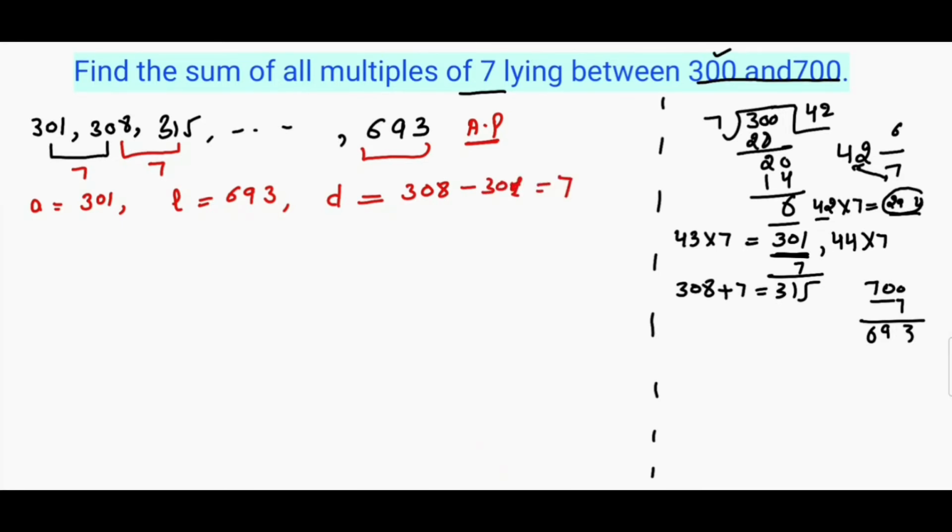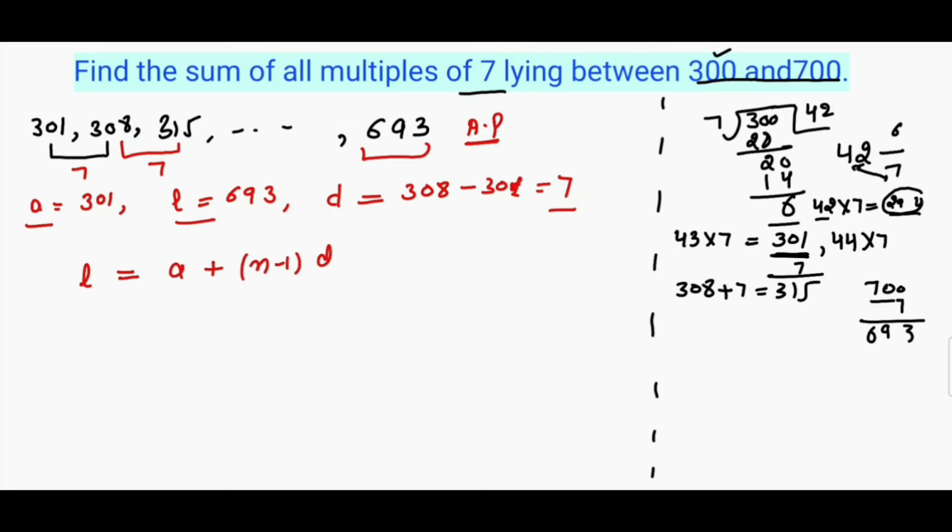Here we know the first term, last term, and the common difference between the numbers. So we can find the total number of multiples of 7 between 300 and 700 by using which formula? Last term is equal to a plus n minus 1 d.